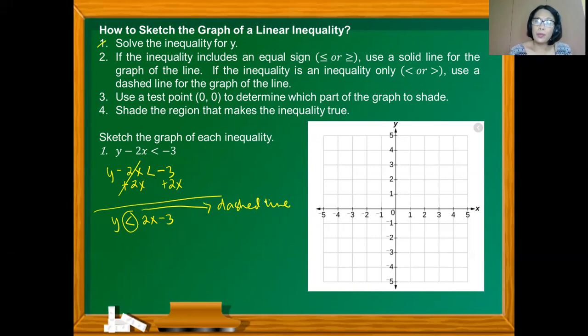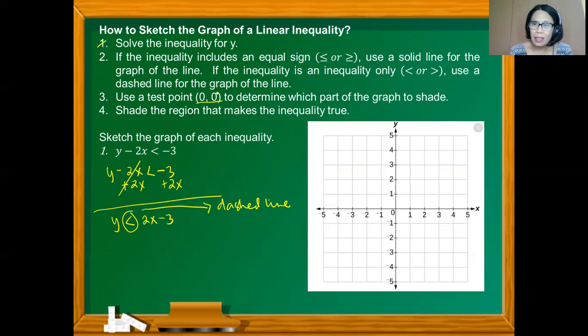We will do the test point for us to determine which part of the graph has to be shaded. Now, we usually use the origin as the test point because that's the convenient way of doing the process. Involving zero, like multiplying an expression by zero, will lead you to zero. So that's the easiest way of doing the test point.